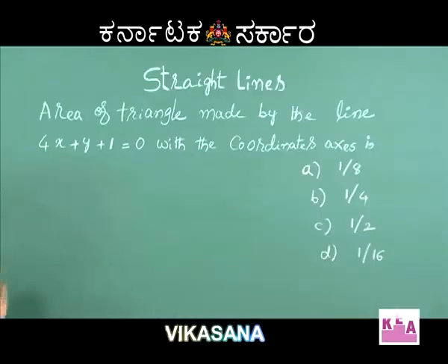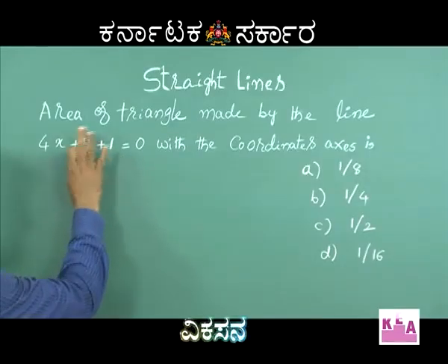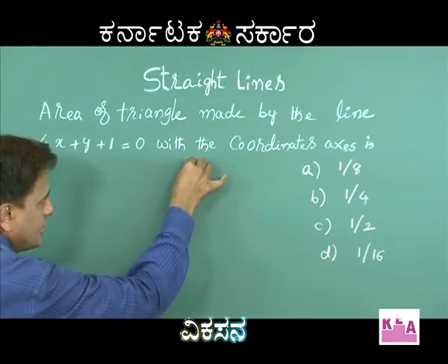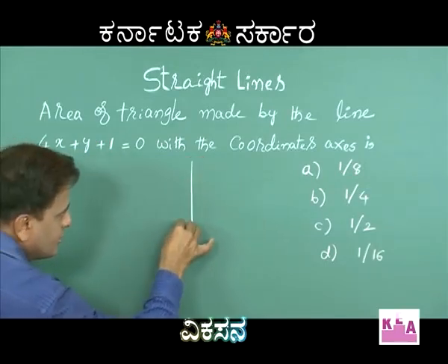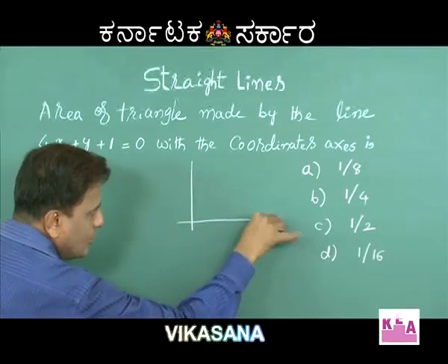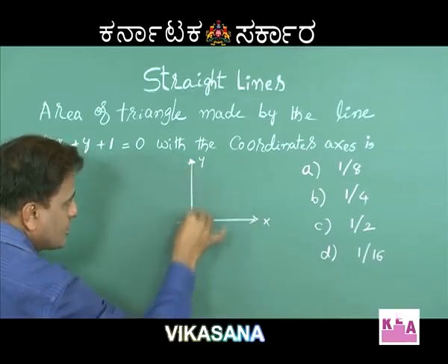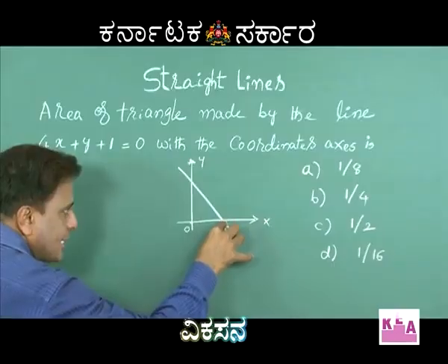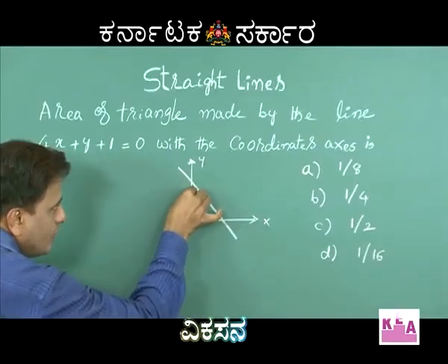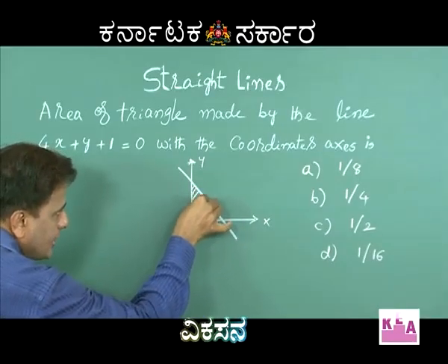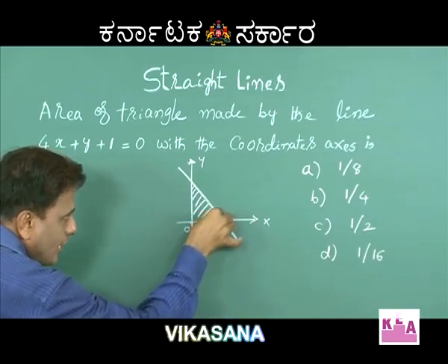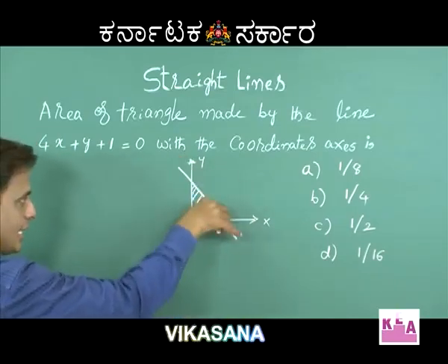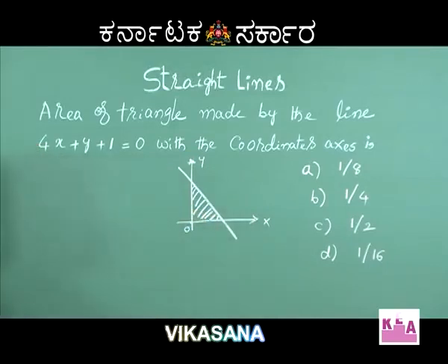So as the line is, and remember this is a small diagram I am going to draw, let us see how the diagram first looks. The line cuts both the x axis and y axis. So we have to find the area of the triangle made by the line with the coordinate axes.